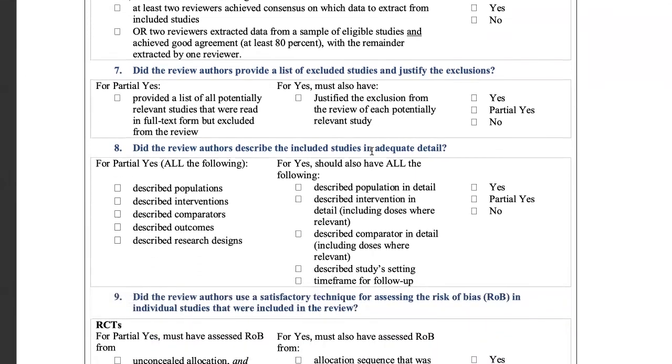Question number 7 is in terms of the list of excluded studies. Did the review authors provide a list of excluded studies and justify the exclusion? To be honest, it is not common to see a list of excluded studies in non-Cochrane reviews.